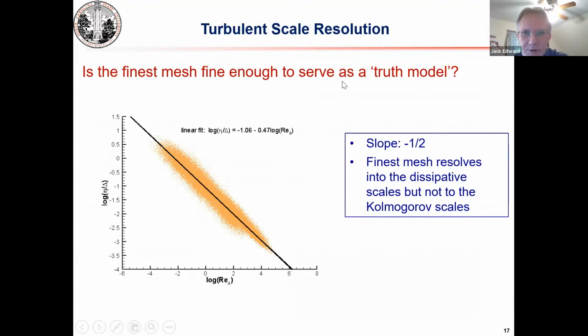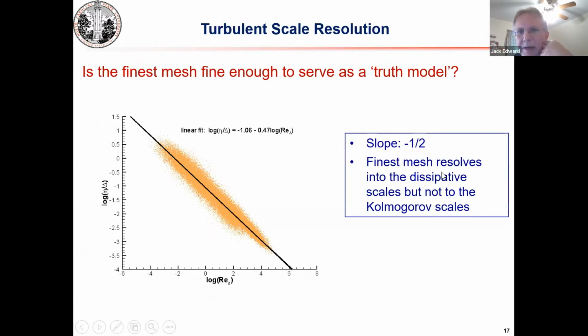So these are some results from that analysis. The first is a question: is the finest mesh fine enough to serve as a truth model? Is it a DNS? Well, no, it's not a DNS. We could do the standard analysis, say the Kolmogorov scale estimate versus the Reynolds number. The slope is -1/2. It's not -3/4.